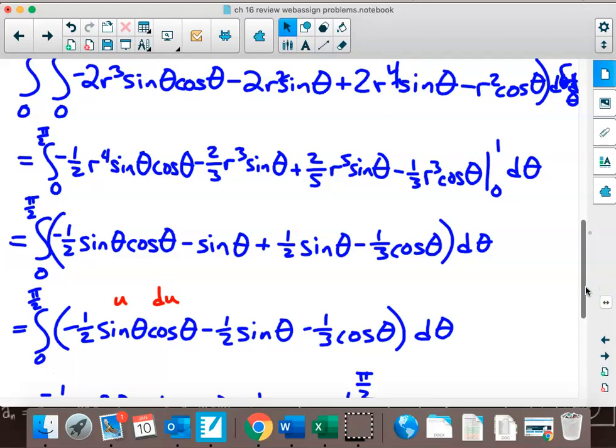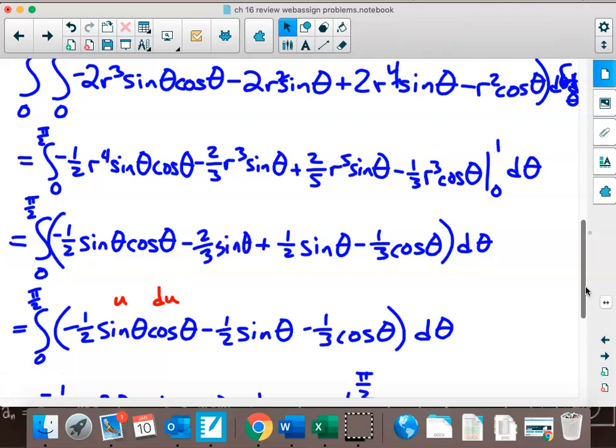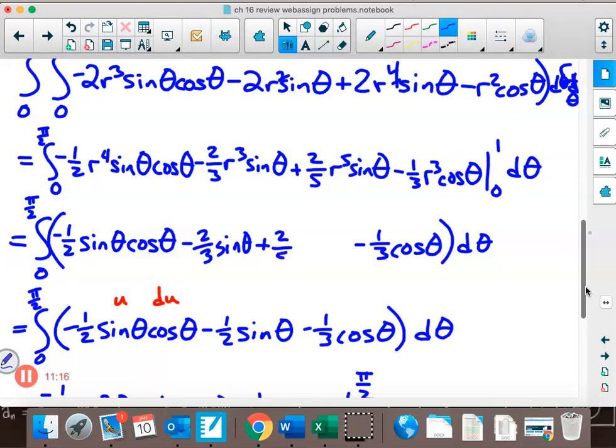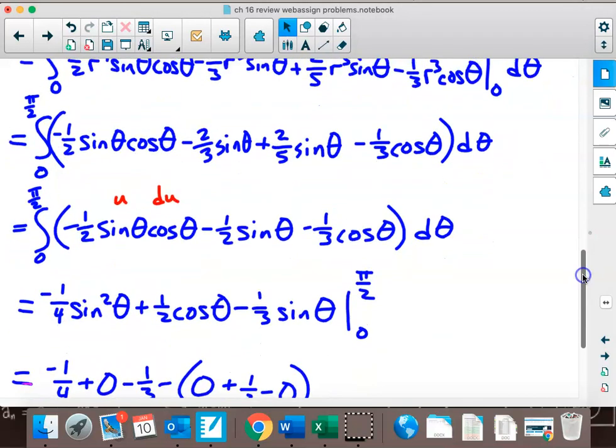All right, so we have -1/2 minus 2/3 plus 2/5 minus 1/3. So combining like terms, negative 2/3 plus 2/5.